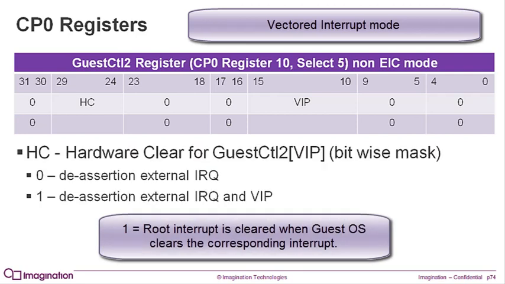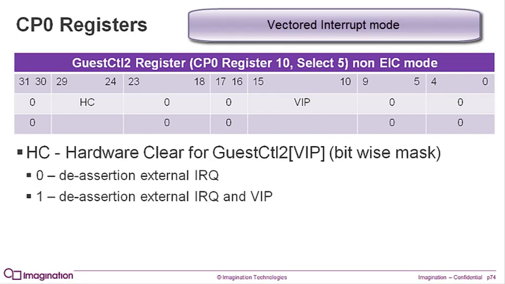Setting the associated hardware clear in the root guest control 2 HC field will cause the associated interrupt pending bit in the root cause IP field register to be cleared when the bit in the guest cause IP field is deasserted.